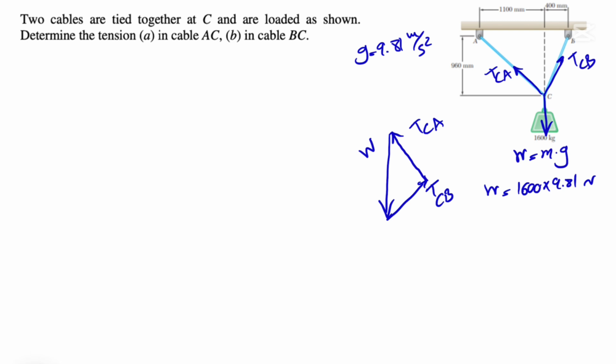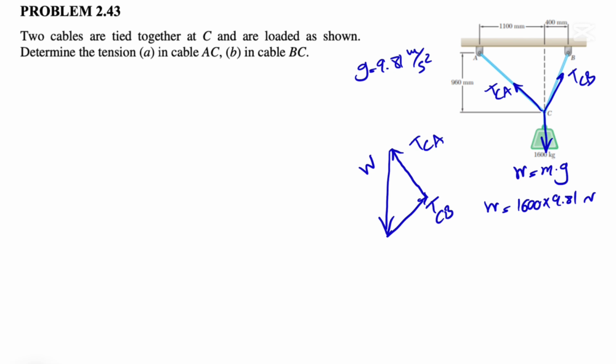Actually, the resultant of each of these two would be the other one. If we go with TCB and TCA, W would be the resultant. If we go with TCA and W, TCB would be the resultant. And if we go with W and TCB, TCA would be the resultant.